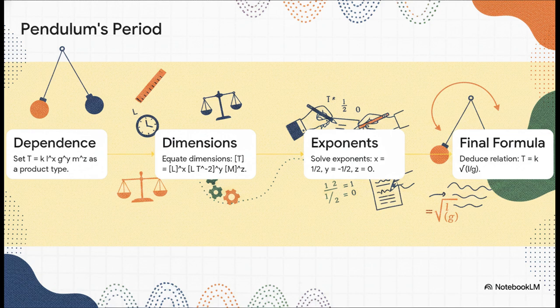Time equals length to the x times length over time squared to the y times mass to the z. By mathematically matching the exponents on the left and right sides of the equation, we find x equals 1/2, y equals negative 1/2, and z equals 0, meaning mass doesn't even matter at all. Plugging those exponents back in reveals the true physical formula. Period equals a constant k times the square root of length over gravity.